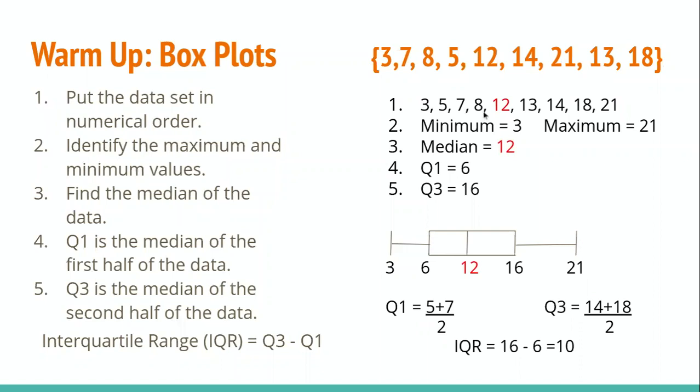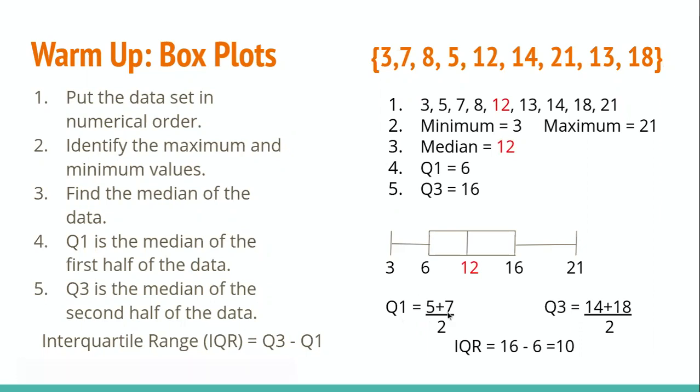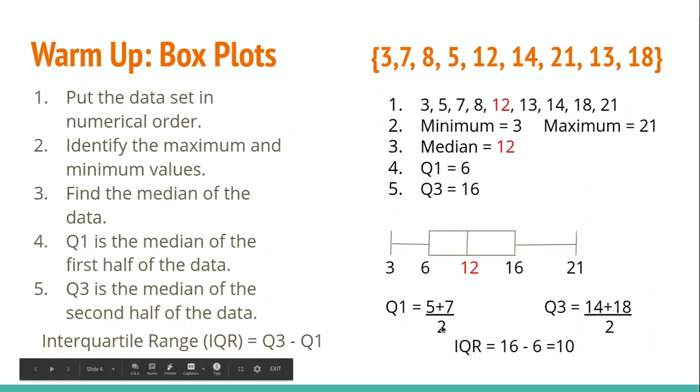Therefore, to find the median, we take the middle 2, add them together and divide by 2. So down the bottom shows the math to find Q1. We took 5 and 7, we added them together and divided by 2 and got 6.